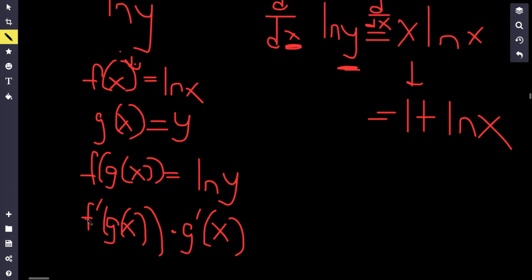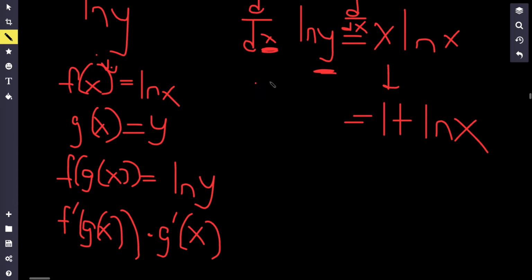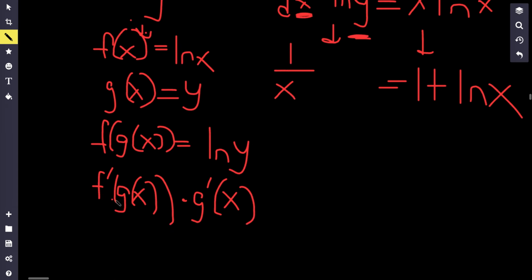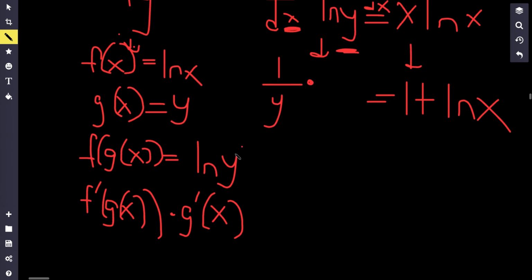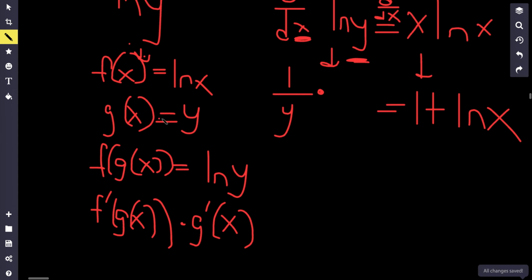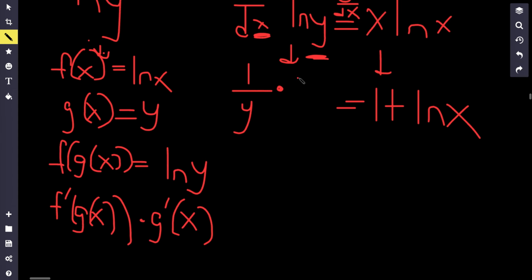Now, what's f prime of x? What's the derivative of ln of x? We said that's equal to 1 over x, right? But it's f prime of g of x, and we know g of x is equal to y. So everywhere we see x, we would just replace it with a y. So it's going to be 1 over y times the derivative of our inside function, the derivative of g of x, or the derivative of y.